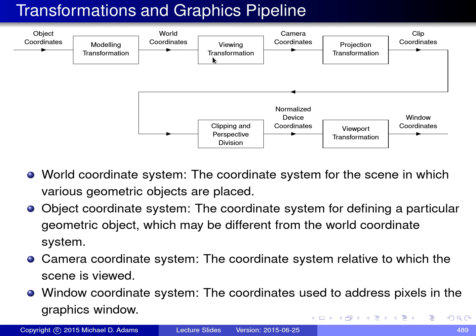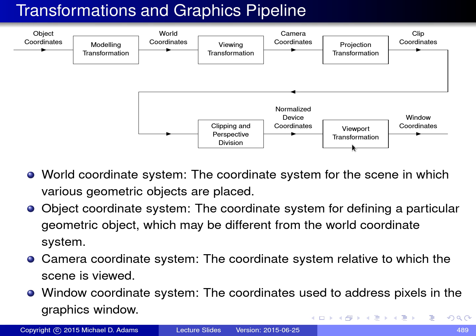The viewing transformation maps from world coordinates to camera coordinates. The projection transformation maps from camera coordinates to clip coordinates. And then there's some clipping and perspective division process which will map from clip coordinates into what are called normalized device coordinates. And then finally, normalized device coordinates are mapped into window coordinates by what's called a viewport transformation.